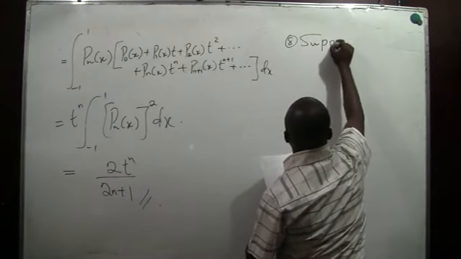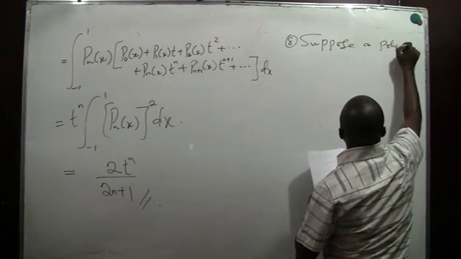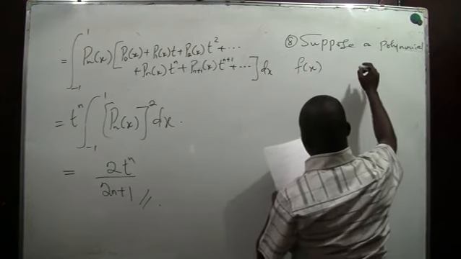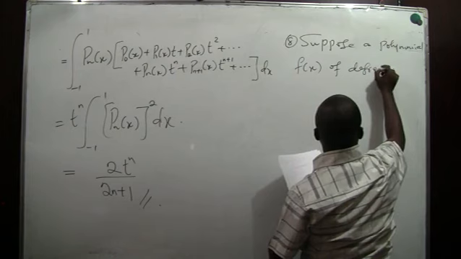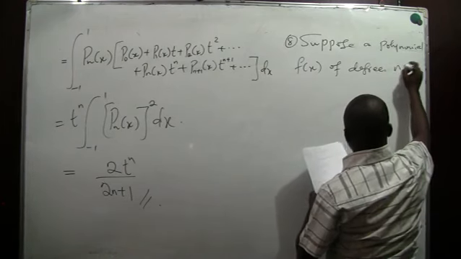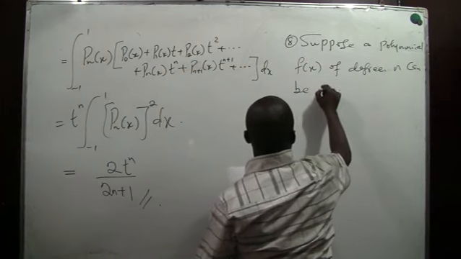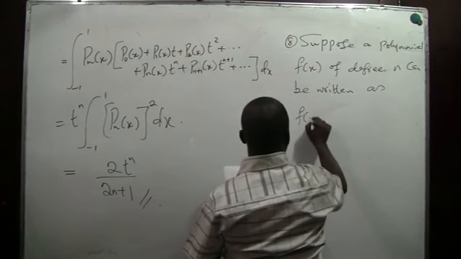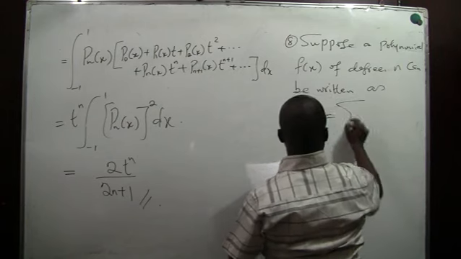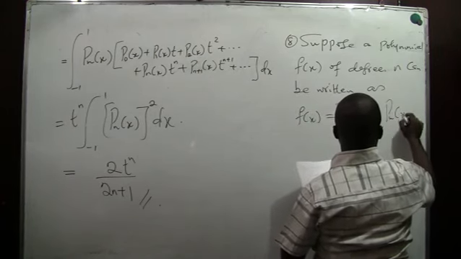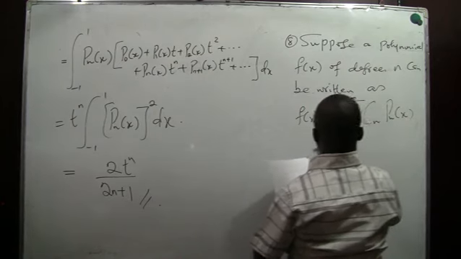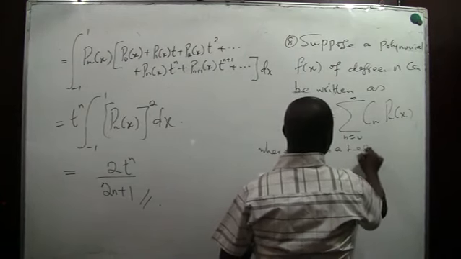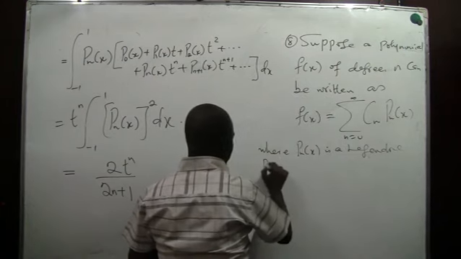Suppose a polynomial f of x of degree n can be written as f of x equals summation Cn Pn of x, n from 0 to infinity, where Pn of x is a Legendre polynomial of the first kind.